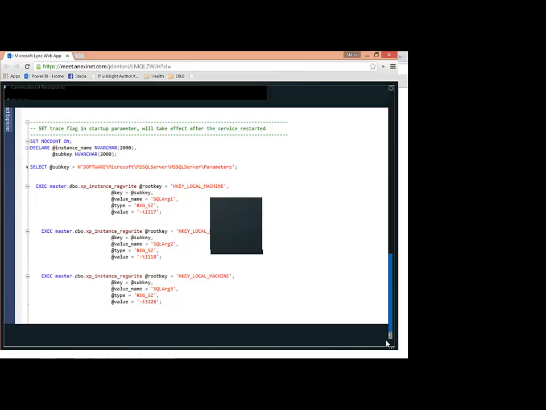So that is always a little bit of a challenge. But here I'm writing to the registry. I'm turning on 3 trace flags. The 2 aforementioned ones around tempdb, and then finally T3226, which is a trace flag that turns off transaction log backup successful messages. So that means you won't have your error log filled with those transaction log messages.